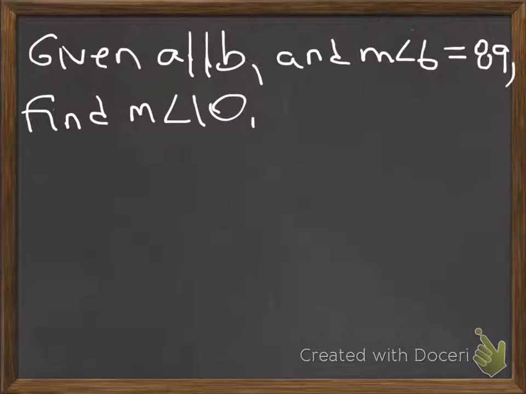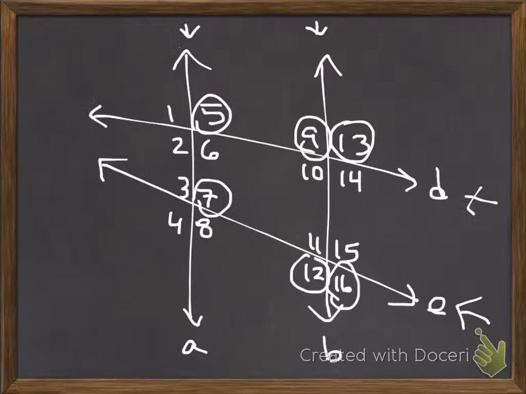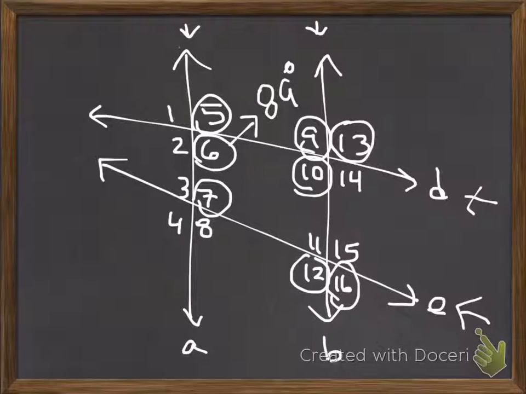Now, using the same figure, it says angle 6 is 89, so we're supposed to find angle 10. So angle 6 is here. That's 89 degrees. And then angle 10 is here, so 6 and 10 are consecutive.